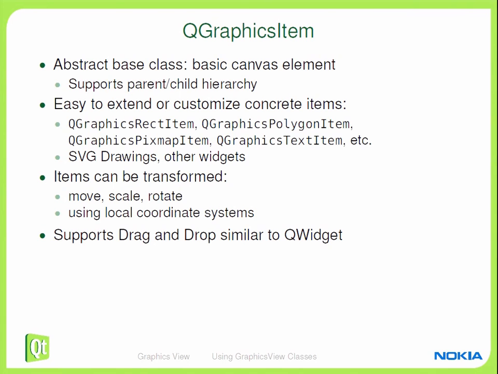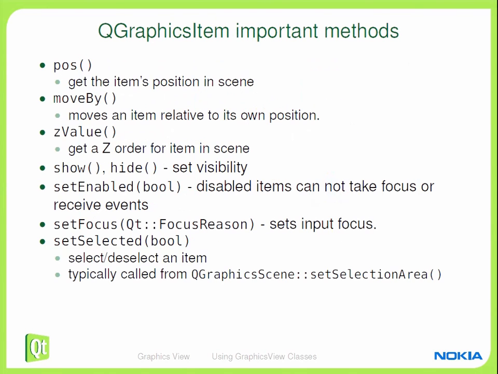You can do drag and drop for items, similarly to how you do for widgets. And you can get the position in its parent's coordinates. The majority of the functions for the item work in the item's own coordinate system. For instance, drawing.